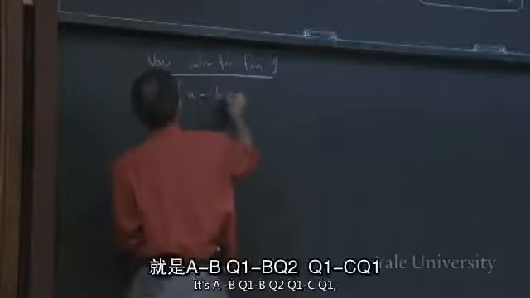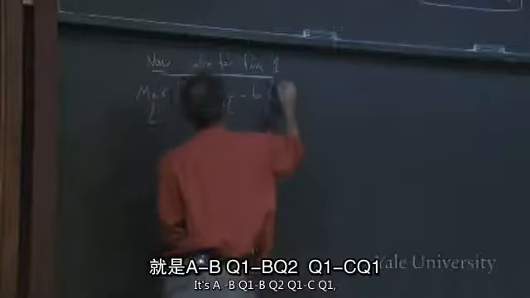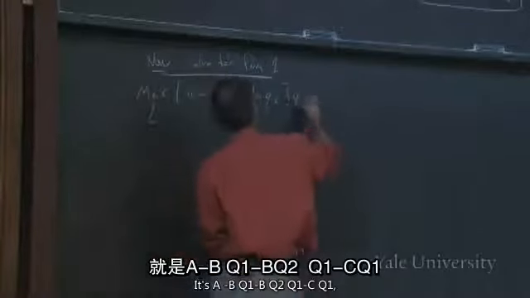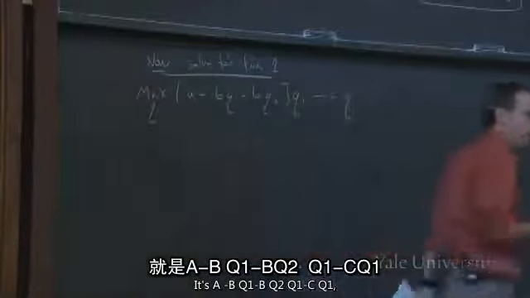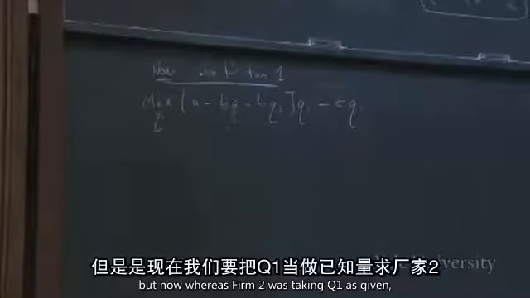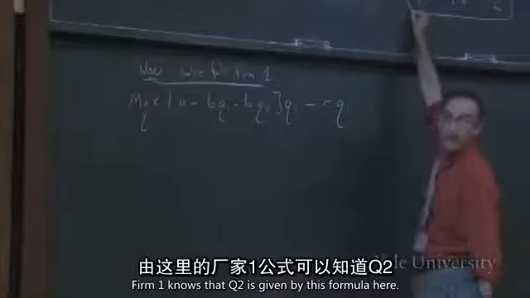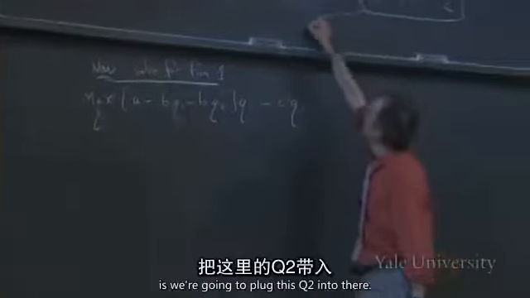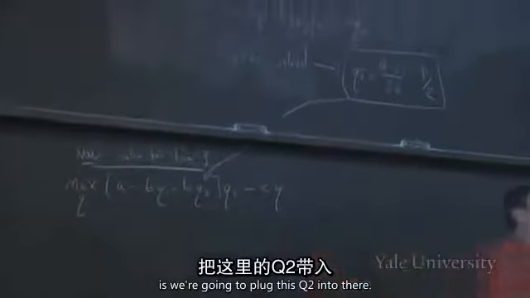It's A minus B Q1 minus B Q2 times Q1 minus C Q1. This is the same line we had before. But now, whereas firm 2 was taking Q1 as given, firm 1 knows that Q2 is given by this formula here. So we're going to plug this Q2 into there.